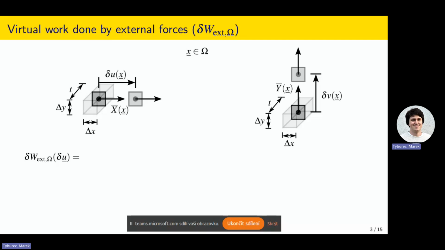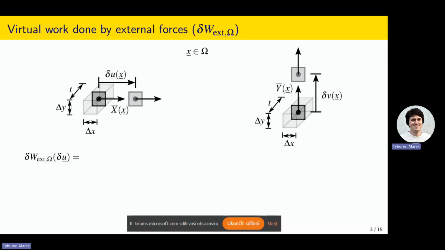So it will be X overline of x, that's this volumetric force. But we need to multiply by something to produce a force. So we multiply it by delta x, delta y, and t.